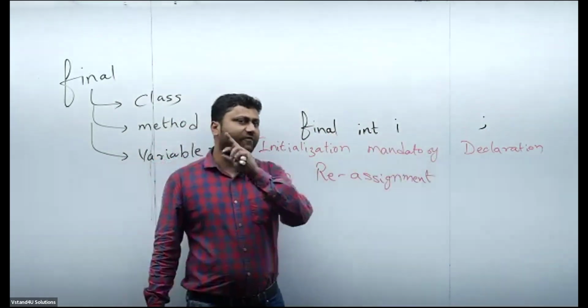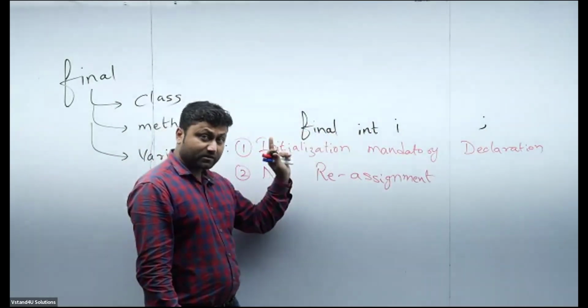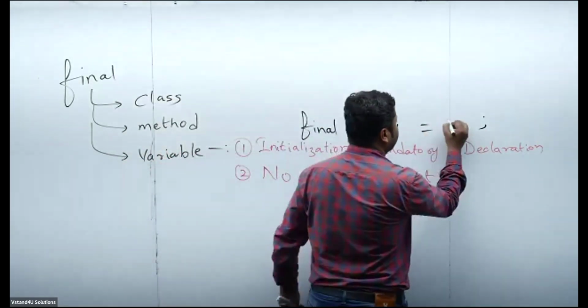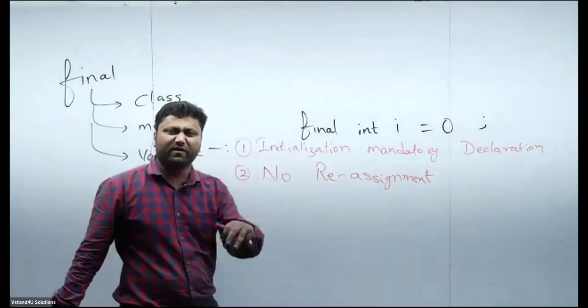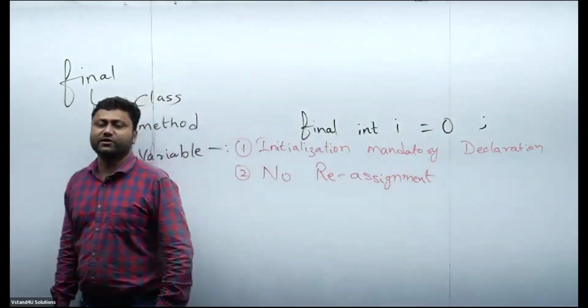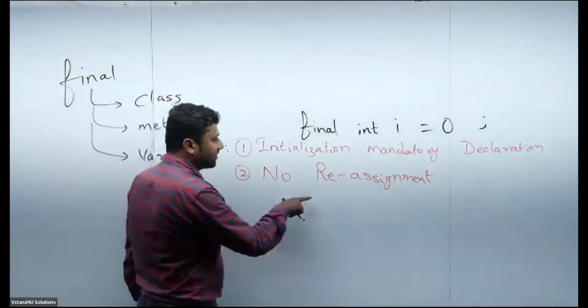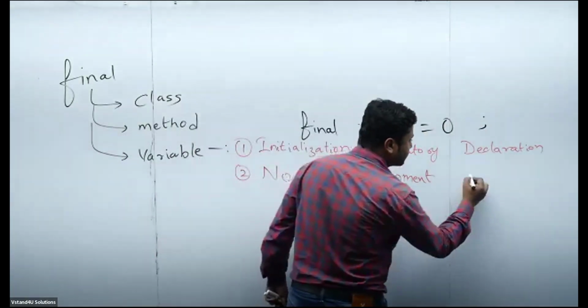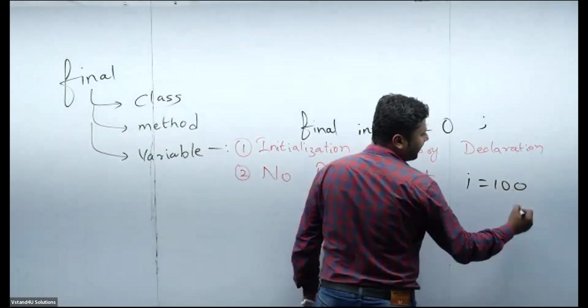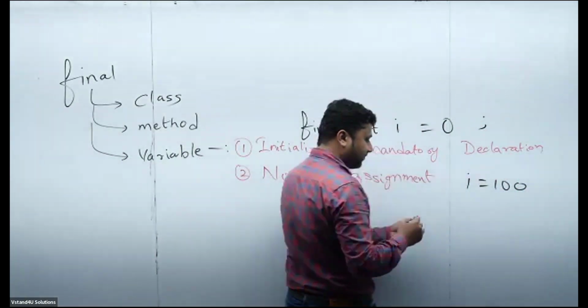If int a; is the declaration and I mark that variable as final, then you must initialize it with some value, even if it is the default. Once you have initialized it, there is no reassignment. I am not supposed to write that i is assigned 100 now. This is not allowed.